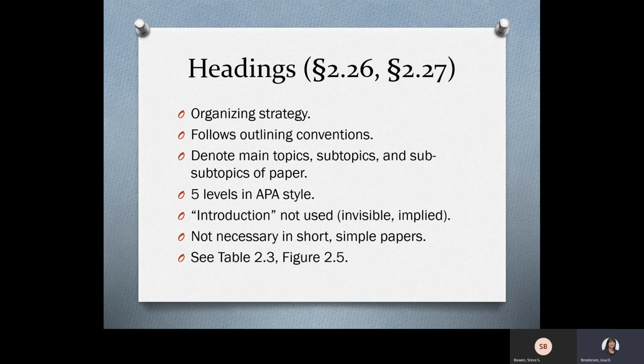So I'm going to make the assumption that you're familiar with how to create an outline and how you decide how many topics and subtopics to include. But you're supposed to follow outlining conventions when you use those levels of headings.